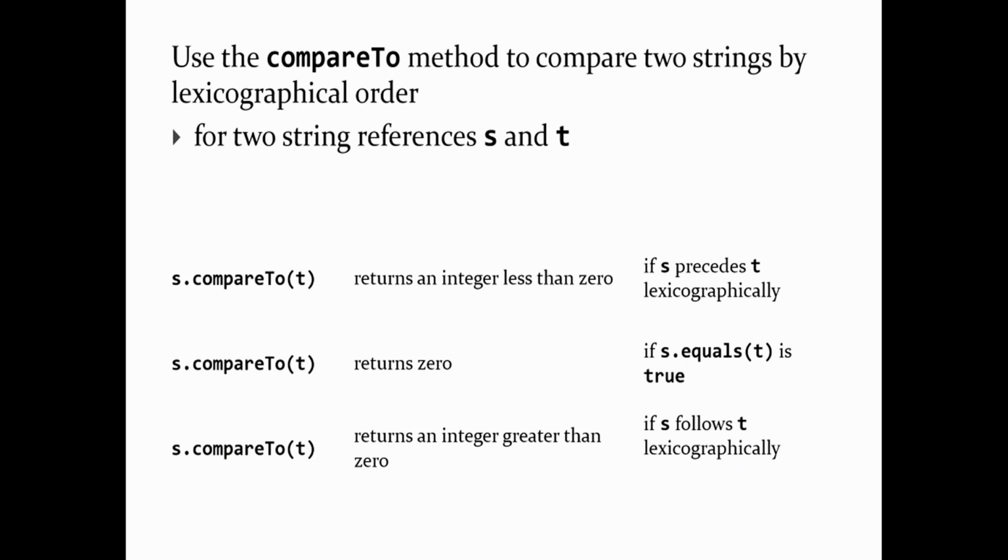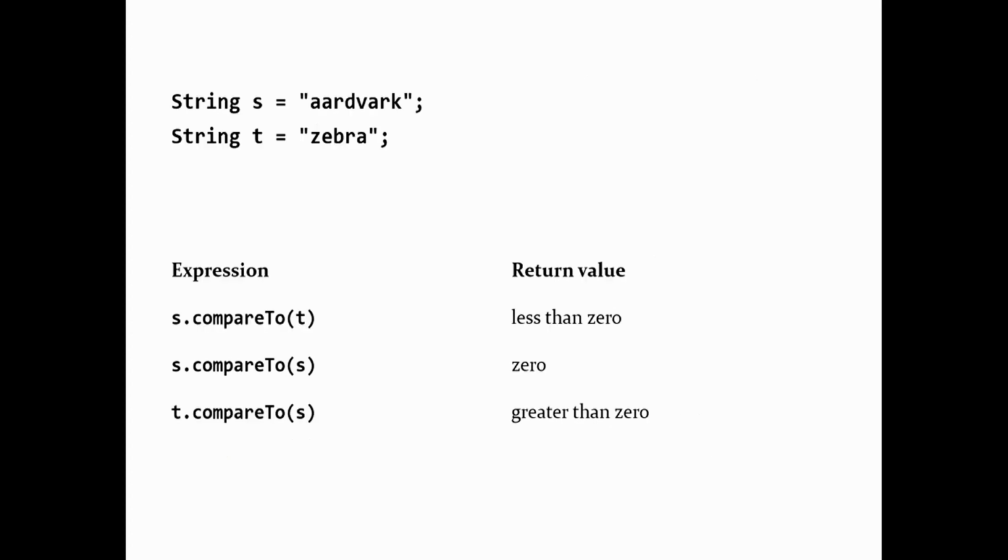So negative if s is less than t, positive if s is greater than t or comes after t, and 0 if they're equal strings. So I've got aardvark and zebra. If I write s dot compareTo t, you get back some number that's less than 0, because aardvark comes before zebra in the dictionary. s compared to s is 0.